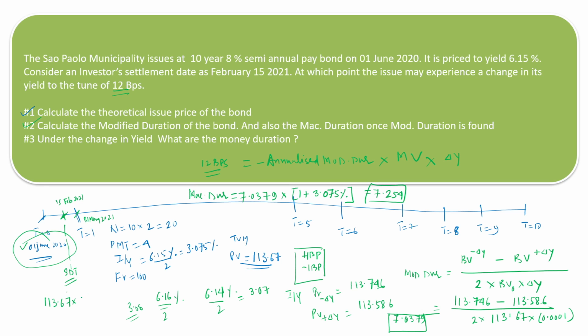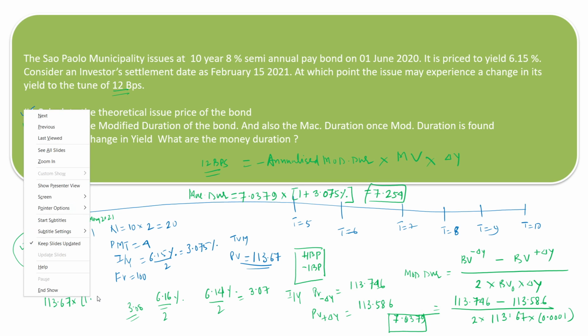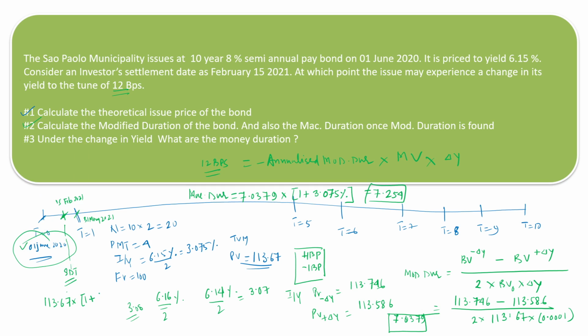Just multiply this with 1 plus 6.15%. Here we need not do it in a semi-annual manner. We can directly take 6.15%, because on the power quotient we are going to fractionalize the period.